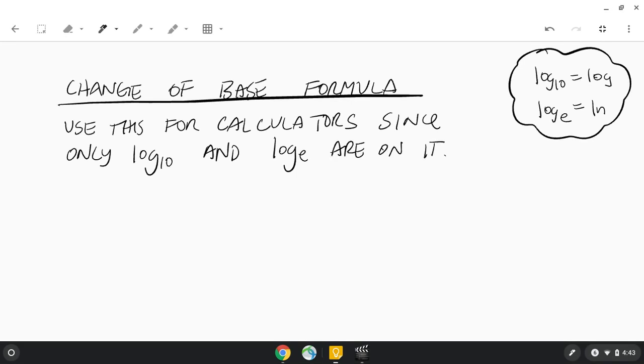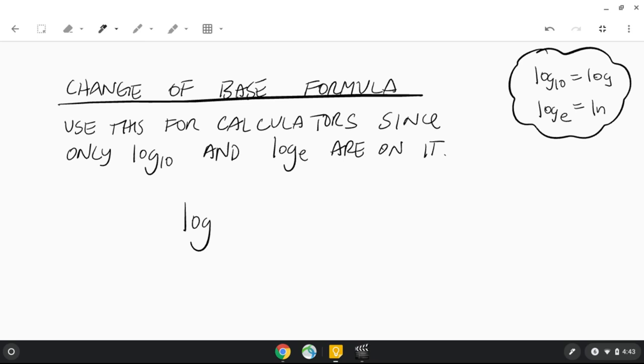Okay, those are the only 2 logs you have. Okay, so here's your formula. So if you're doing log base 2, which is not on your calculator, right? Or log base 5, or log base 7, or log base any number but 10 and e.